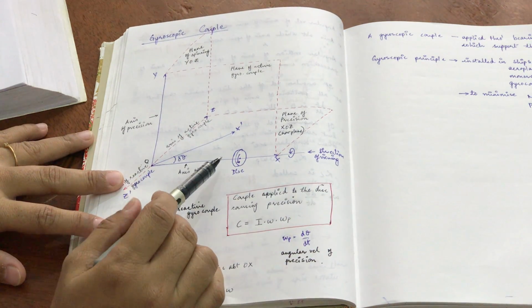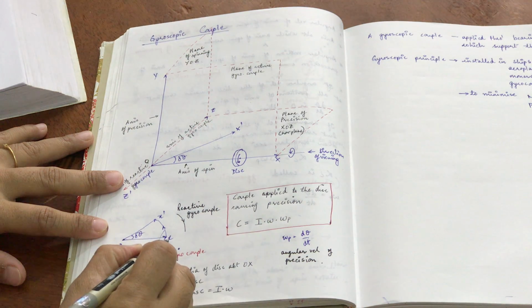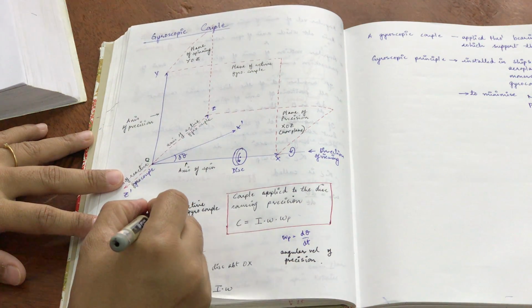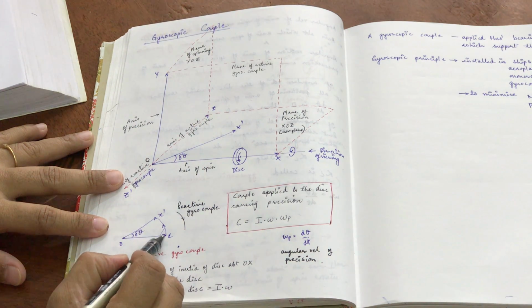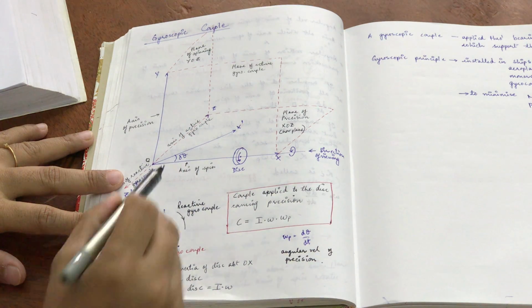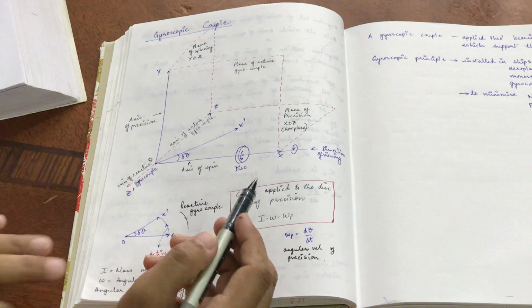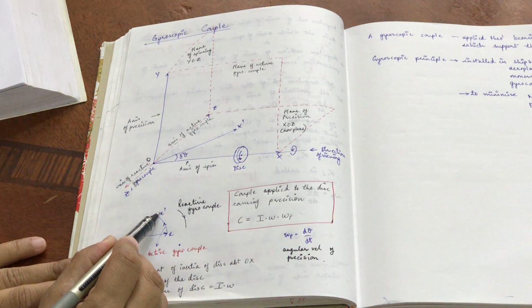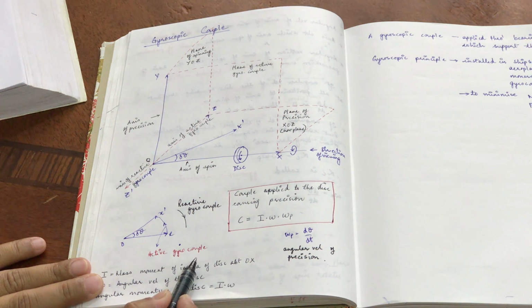Now in the previous class we saw the vector OX dash. If d theta is really small, x dash will be perpendicular to the axis of spin. So x dash will be known as the active gyro couple.